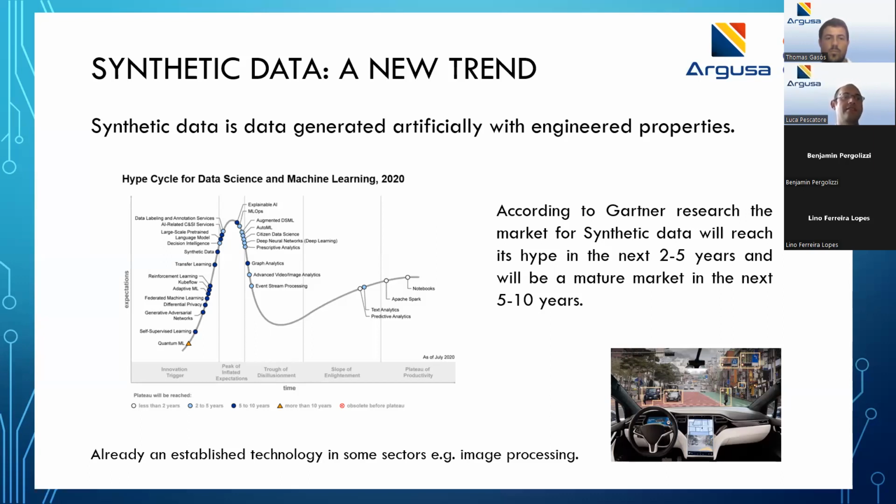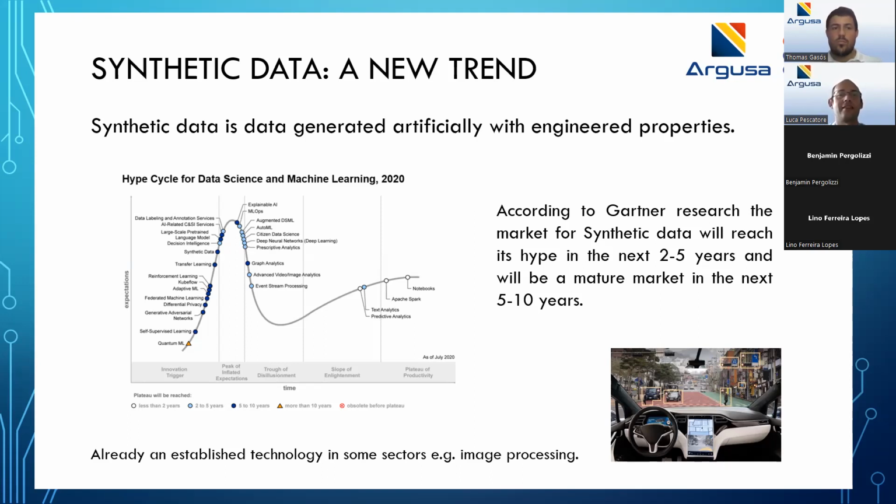So first of all, what is synthetic data? Synthetic data is essentially data that is artificially generated with engineered properties. And there are industries where this is already an established technology. For example, the automotive industry, where for training cars to drive themselves, they have to generate simulations because it's not always politically correct to, for example, run over people to just test their cars.